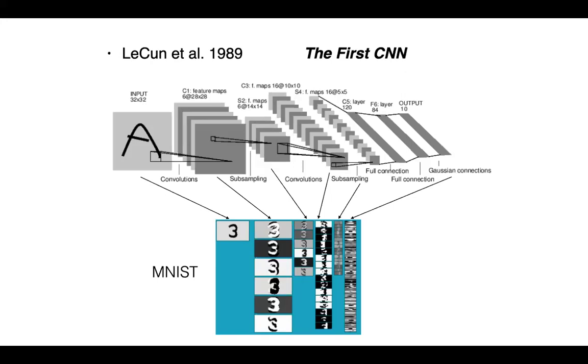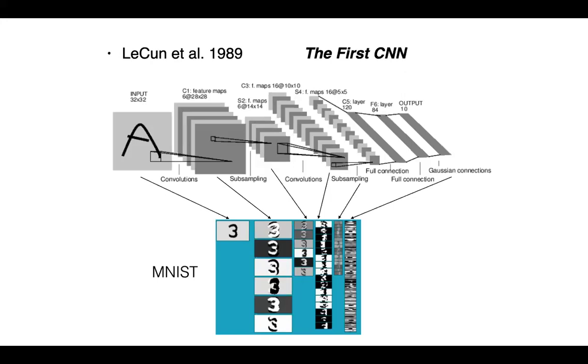And here we see an image of a hand-drawn letter A, and then we can see the patches for the filters, the convolution being applied, and the change of scale by subsampling.